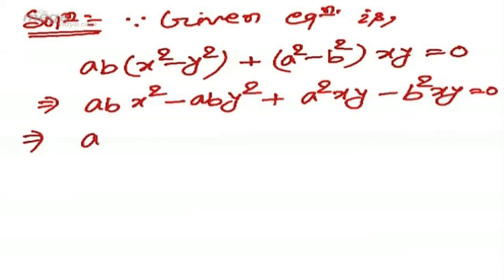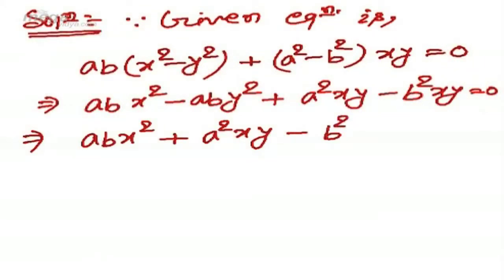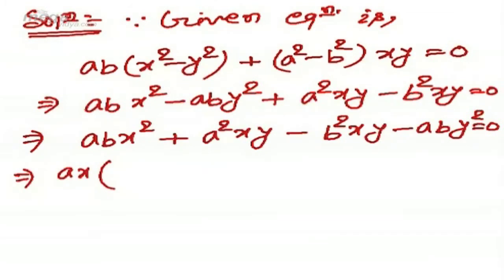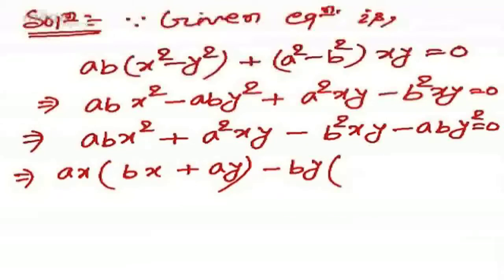Now we will rearrange it: abx² + a²xy − b²xy − aby² = 0. From the first two, you can take ax common. The remaining part is bx + ay, minus, and from the last two, we take by common. So minus by is common, and the remaining part is bx + ay again, equal to 0.